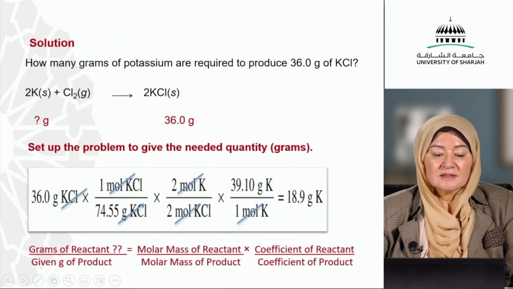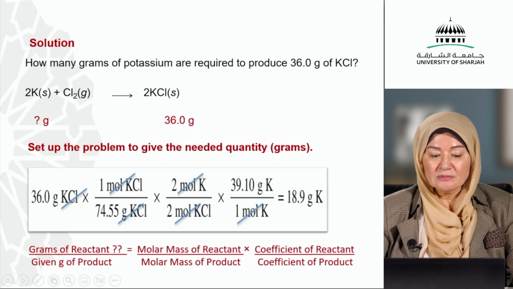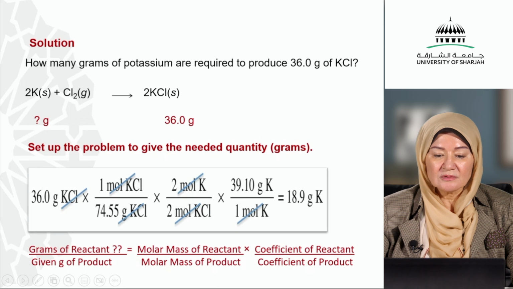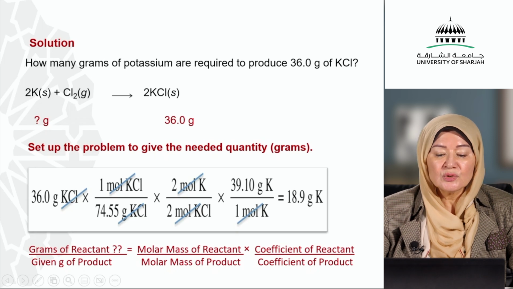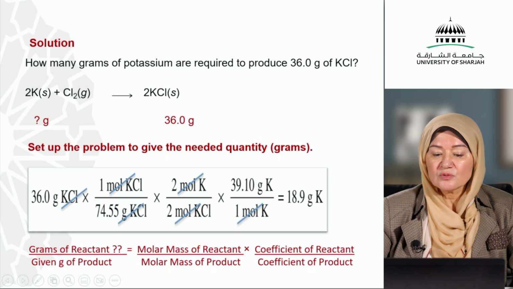You may write it as grams of the reactant, the unknown, over the given grams of the product, which is 36, is equal to the molar mass of the reactant, 39.10, over the molar mass of the product, which is 74.55 grams per mole, times the coefficient of the reactant, which here is 2, over the coefficient of the product, which is 2. And at the end, you will get 18.9 grams of potassium.